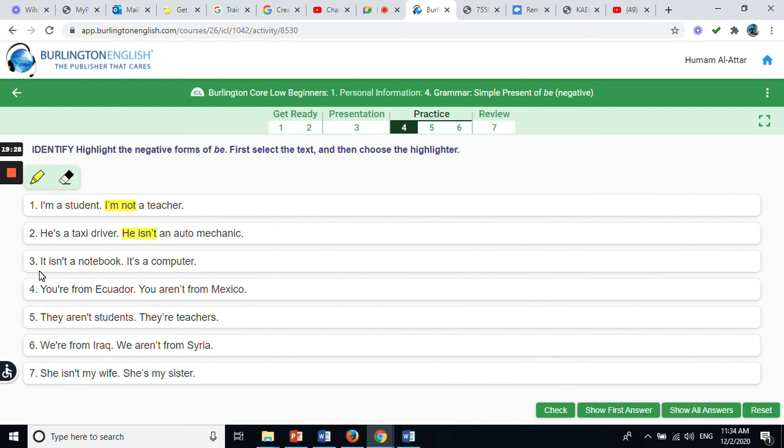Can you read the sentence? Oh, you don't see the picture.